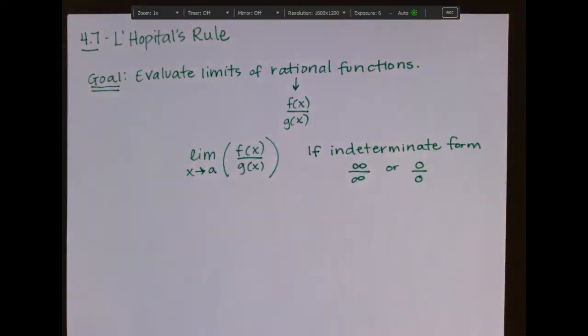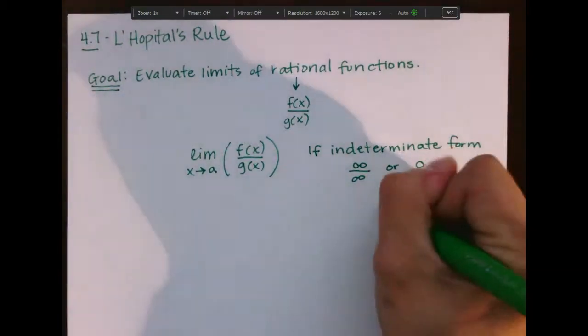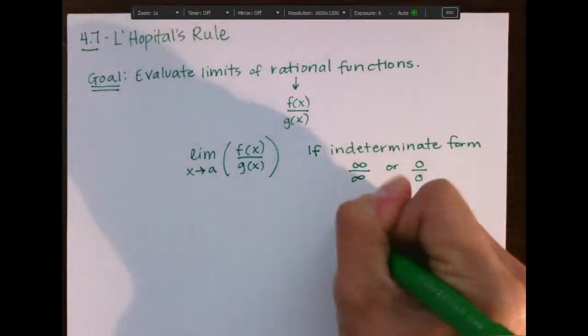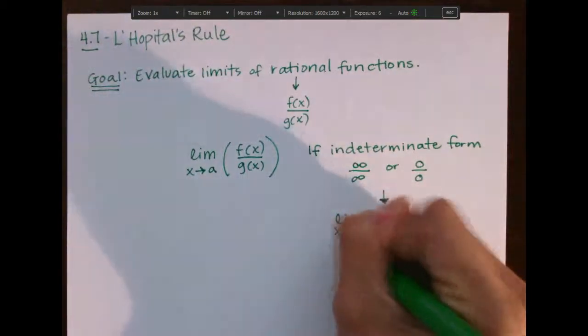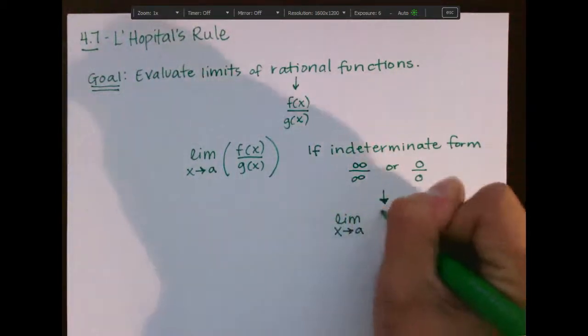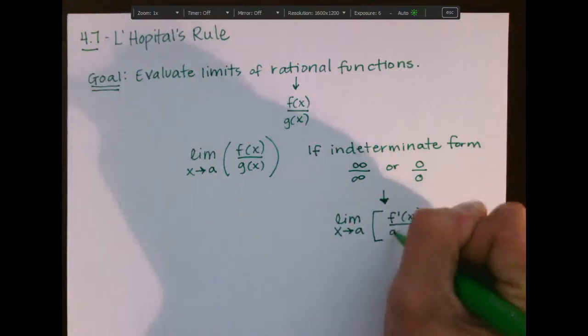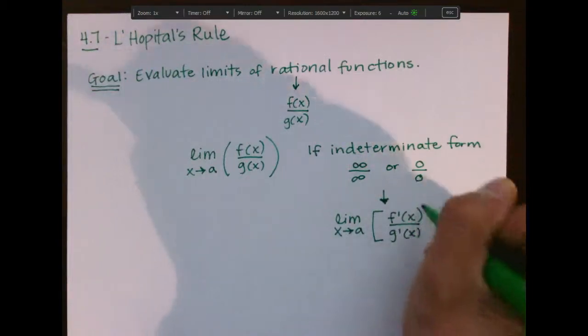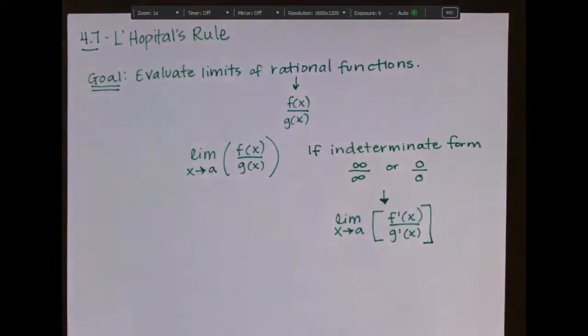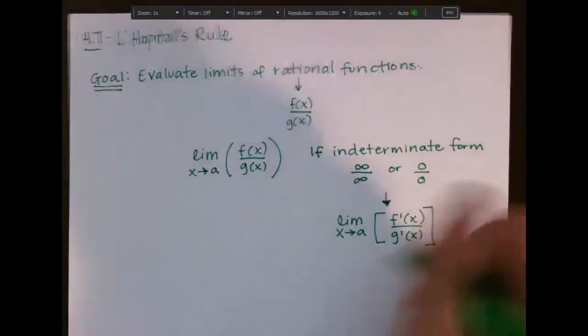L'Hopital says that if that happens, then we can figure out the limit of the rational function by separately taking the derivative of the top and then separately taking the derivative of the bottom, and then evaluating that limit using direct substitution.